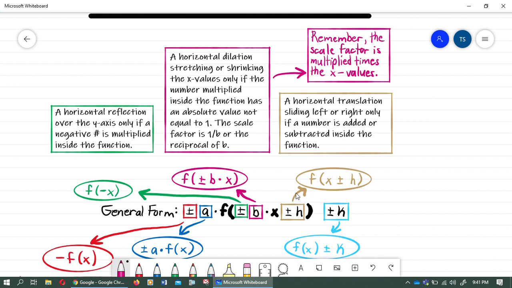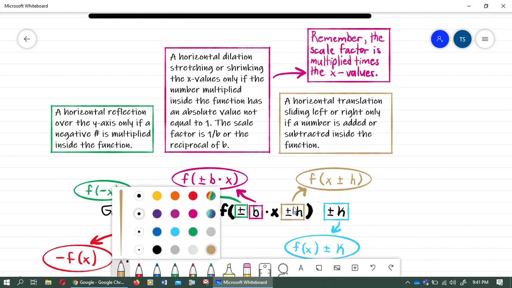And again, folks, the horizontal translation, which is a sliding to the left or to the right, happens only if a number is added or subtracted inside of the function. So again, guys, it's only a horizontal translation if you're adding or subtracting a number inside of the function.